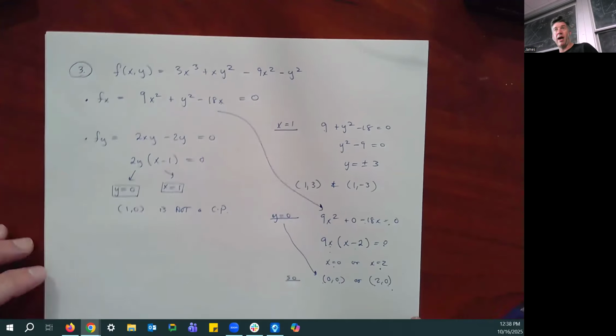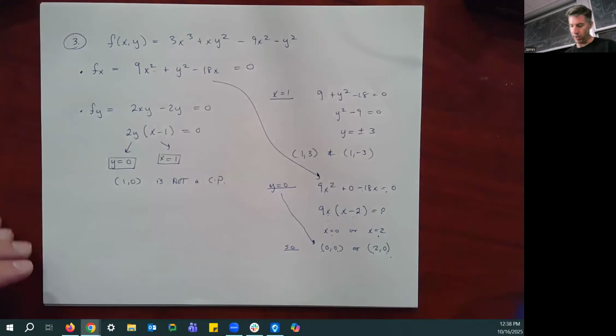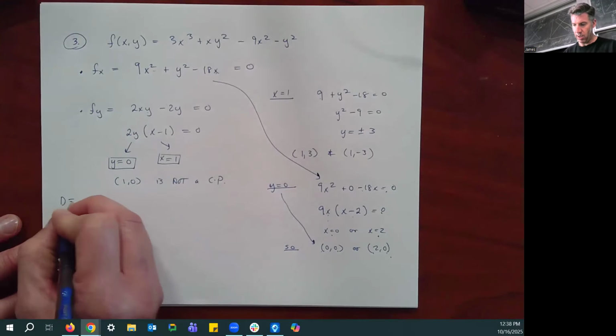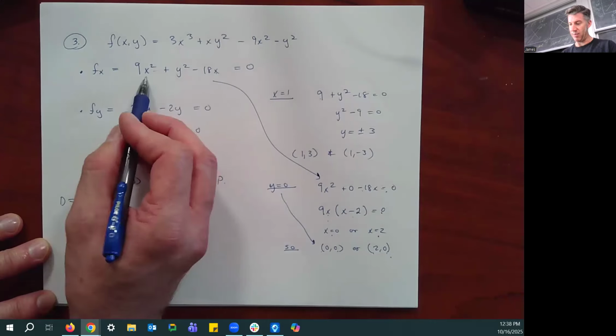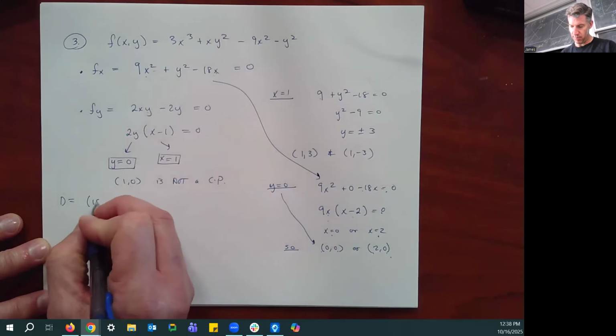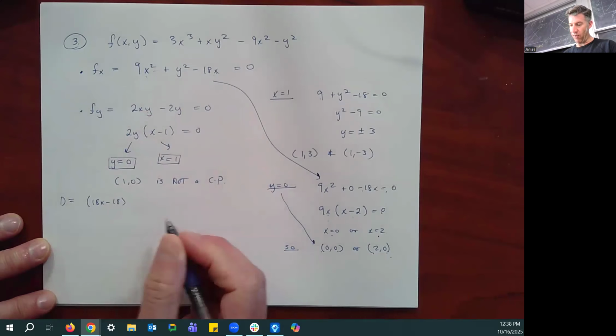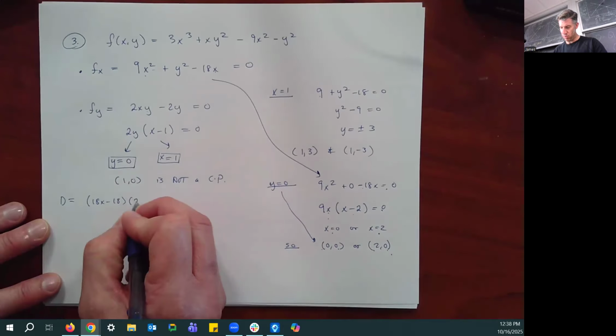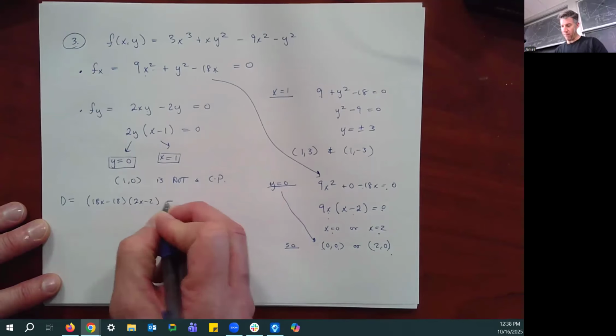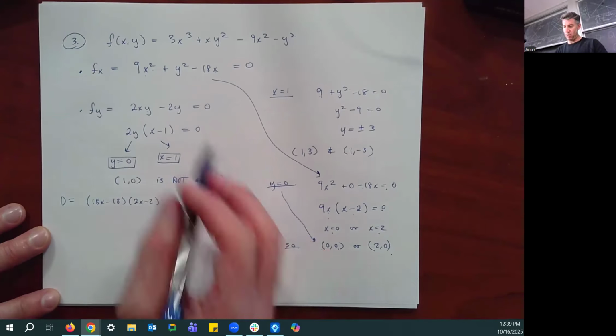All right, and now for the testing. So we're going to calculate capital D. Our fxx is going to be 18x minus 18. Our fyy is going to be 2x minus 2. And our fxy is going to be 2y.